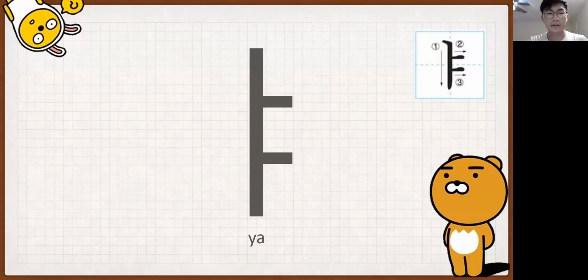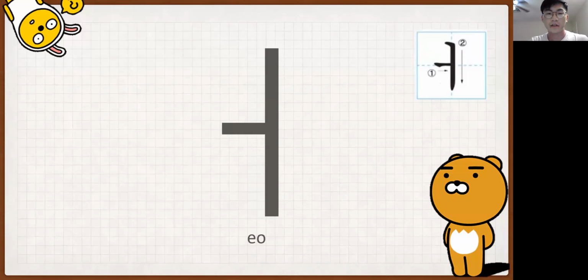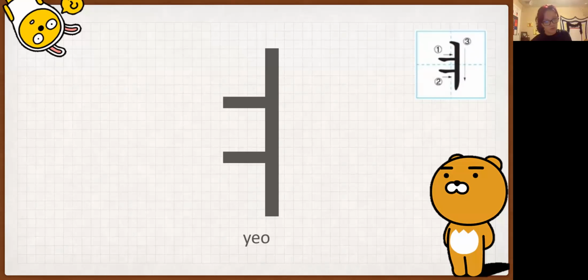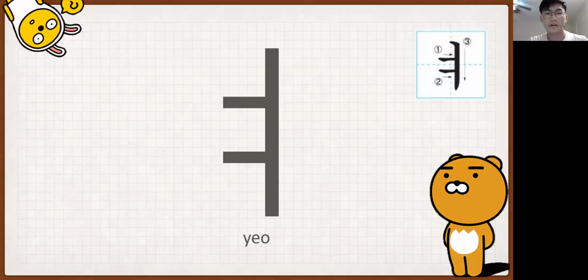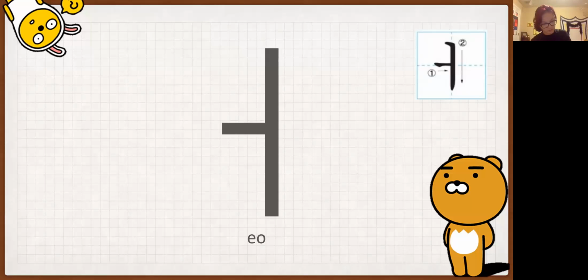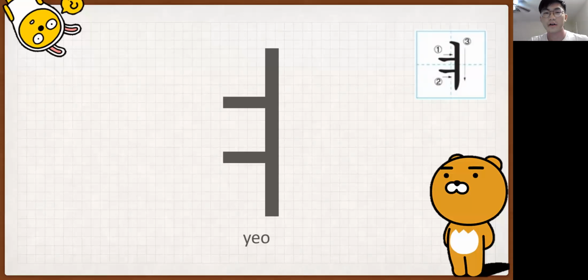And a similar thing for the next 2. This is o. The next one is yo. So o, yo.